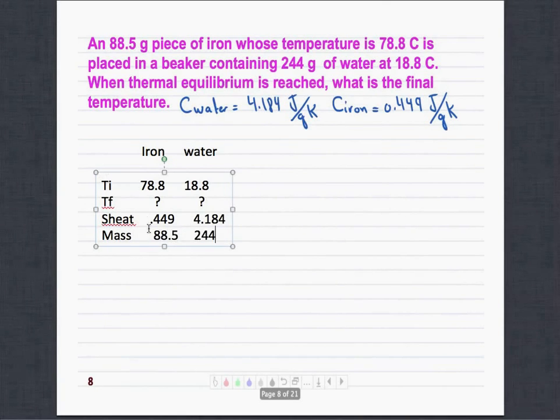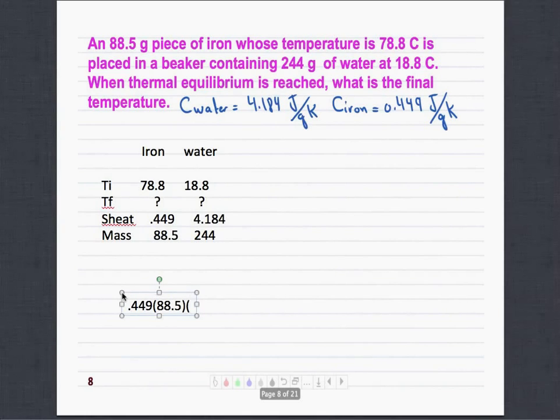I know how to calculate Q. We learned that on Friday, that the Q is the mass of the water multiplied by the specific heat of the water, T final minus T initial of water, equals minus the mass of iron, the specific heat capacity of iron, T final minus T initial of the iron.